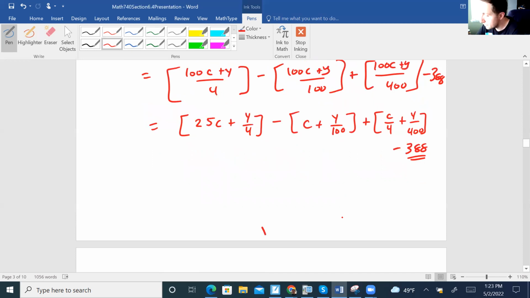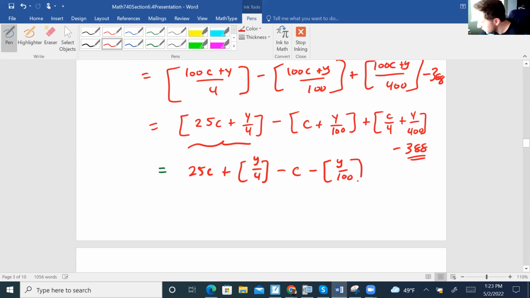Now, again, that property 2a that was presented in section 6.3 at the very end of the presentation is very useful. We know 25c is going to be an integer, so I can split this up using property 2a again. This would be 25c plus greatest integer function of y over 4. The next one I could do with a little distributing, this would be minus c minus greatest integer function of y over 100.